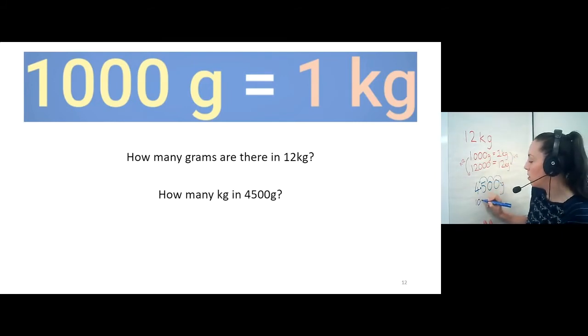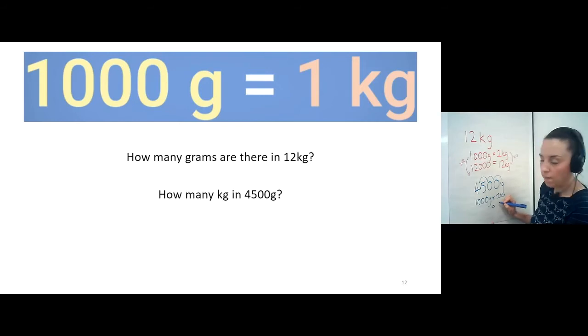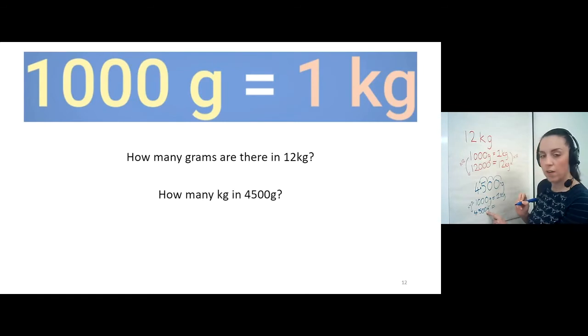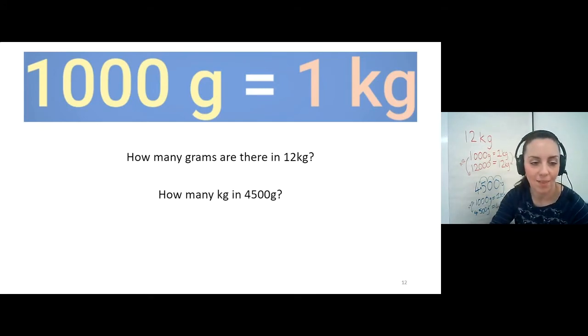So if there's 1,000 grams in 1 kilogram, and we've got 4,500 grams, we've increased our grams by 4.5 times, because 4,500 is 4.5 times 1,000. So we do exactly the same this side. Times it by 4.5. So 1 times 4.5 equals 4.5 kilograms. Thank you, Kim. Georgie, you okay with that one?